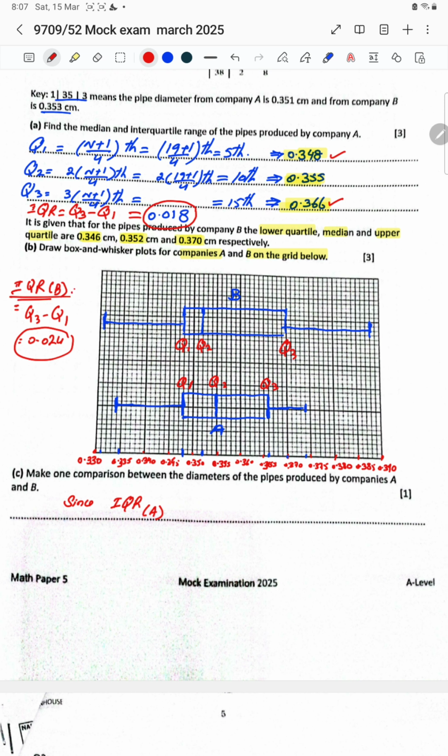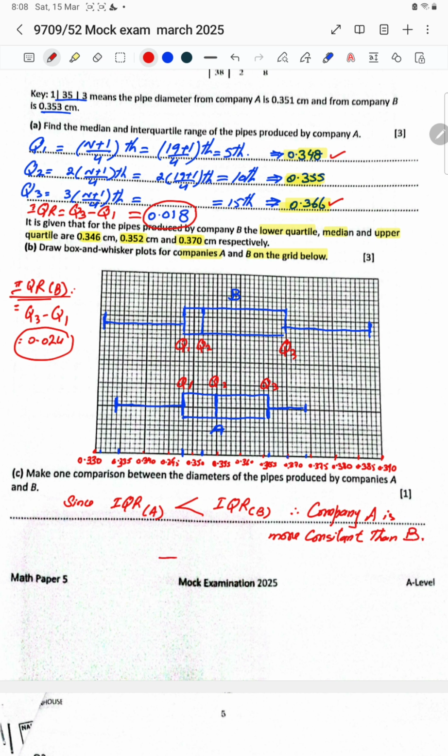Okay, company B. Since IQR of company A is smaller than IQR of company B, therefore we can say company A is more consistent than company B. This is one of the reasons.